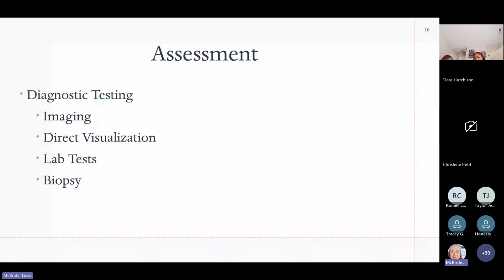Diagnostic testing, we're going to follow up on those areas. For breast, we would do a mammogram and then maybe an ultrasound if we saw something that was abnormal. Lab tests are now coming into vogue with a lot of our different cancers because we can actually draw blood. And there's certain markers that we can look at that increase if a person has cancer.